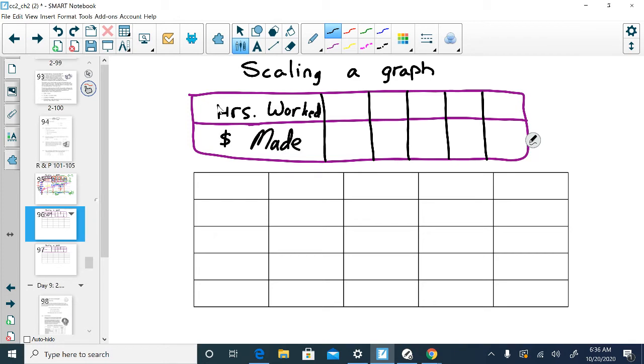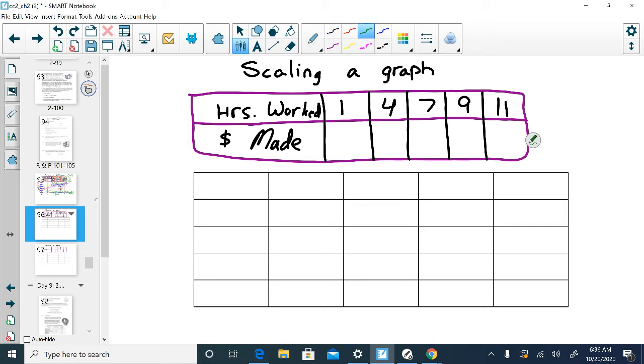All about that money. All right, so let's say we work 1 hour, 4 hours, 7 hours, 9 hours, and 11 hours. All right, and we're going to see how much we go up by each hour.